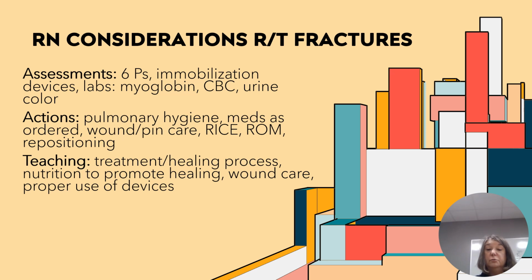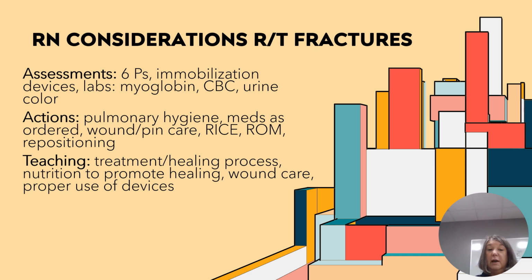RN considerations related to fractures, obviously vitals. We're going to keep PE and DVTs all in our head when we're looking at pulses and neurovascular assessment of the sites distal to the injury. Proper positioning, traction, splinting, immobilization devices, make sure that everything's functioning correctly.